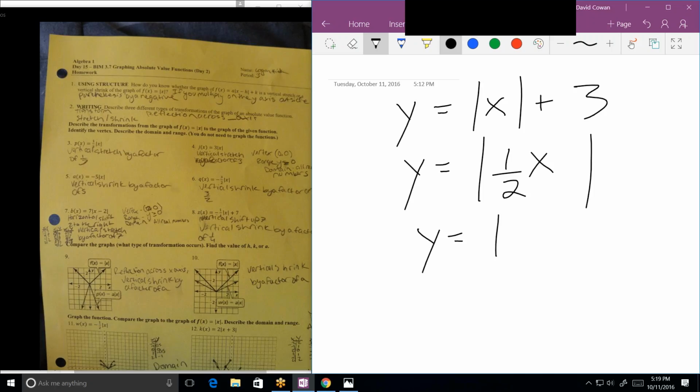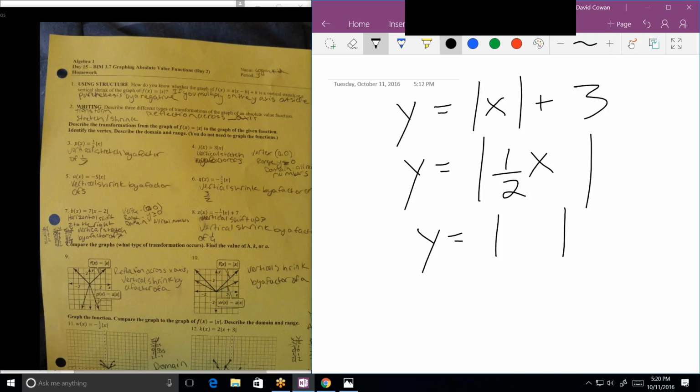A horizontal shrink would be y equals absolute value of x, 0.5. No, that's the same as what we just did. In other words, the 1/2 x was a horizontal stretch. Remember that horizontally works opposite vertically.